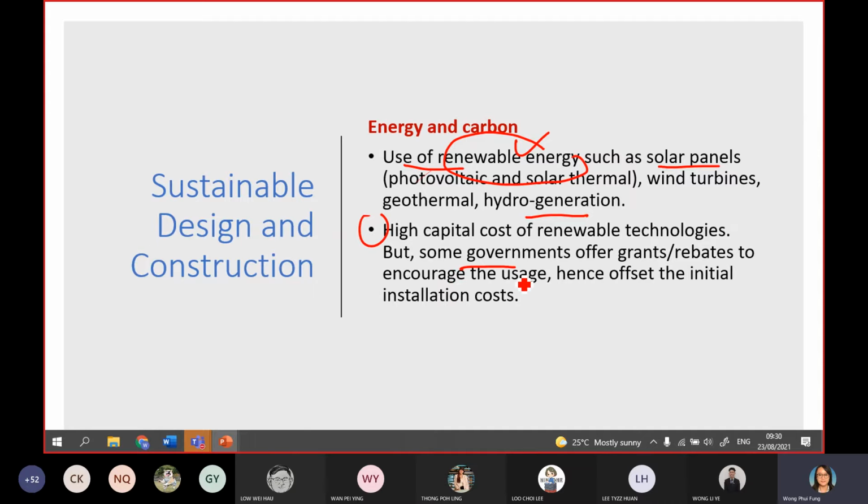But as I mentioned just now, during the funding, some governments actually offer what? Incentives, tax exemption to encourage the usage, hence offsetting the initial installation cost. So if you want to consider using renewable energy, although it's very high cost, some governments actually give a rebate. So subsequently, it reduces the cost. That is the initiative from the government to encourage the developer to use more green technology.